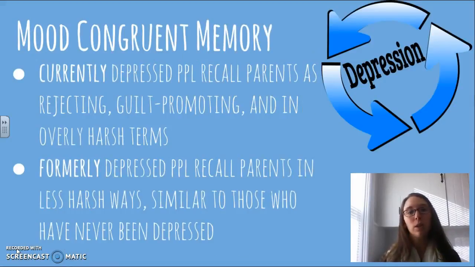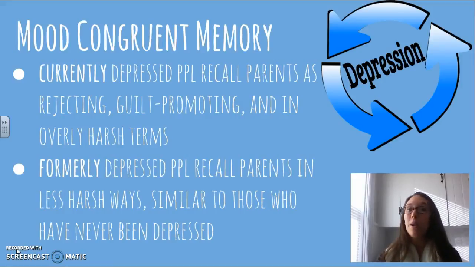And this also leads into some research on the idea that cognitively, one of the reasons why depression seems to work cyclically and is such a vicious cycle is because of mood congruency. An individual who is currently depressed has this tendency to think about depressing memories.